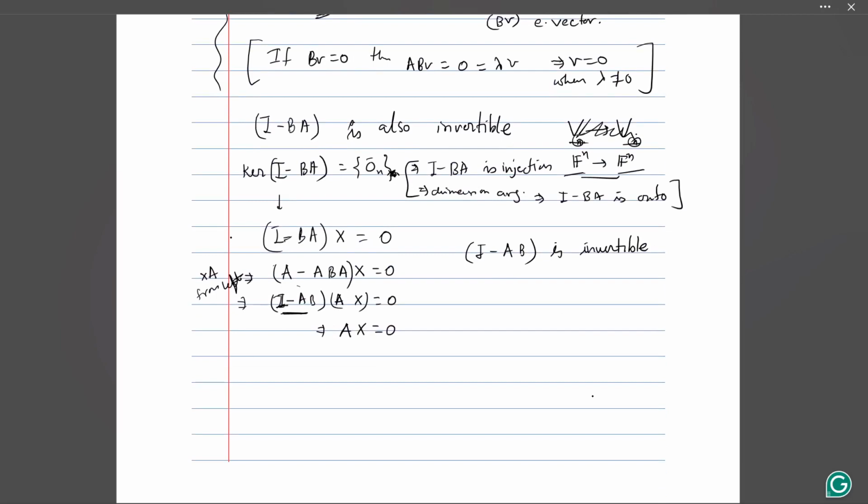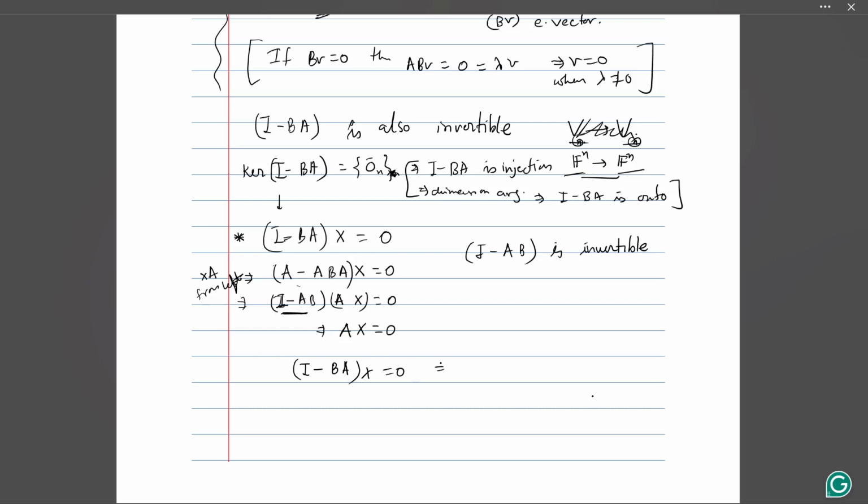From the first line, let's say this is your star, this implies I minus BA applied to X is equal to 0. This is given, the hypothesis we have taken.